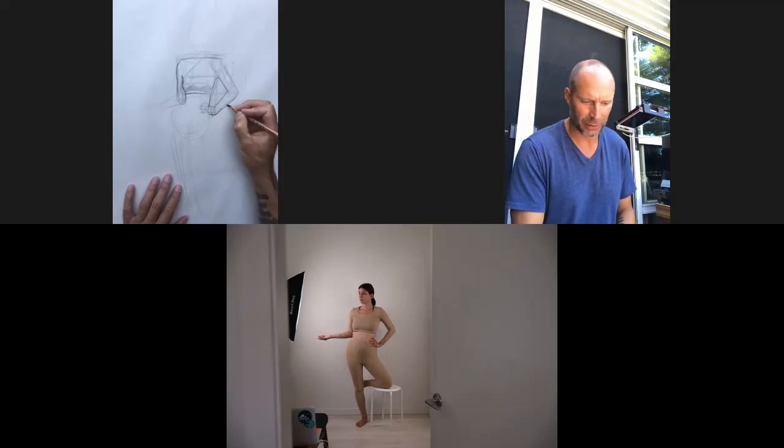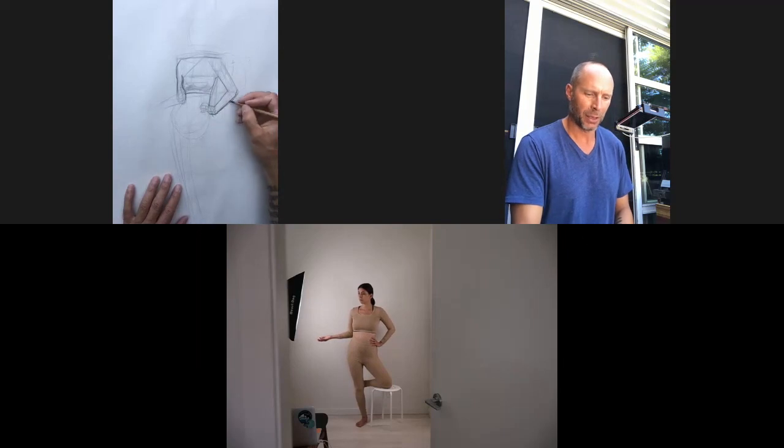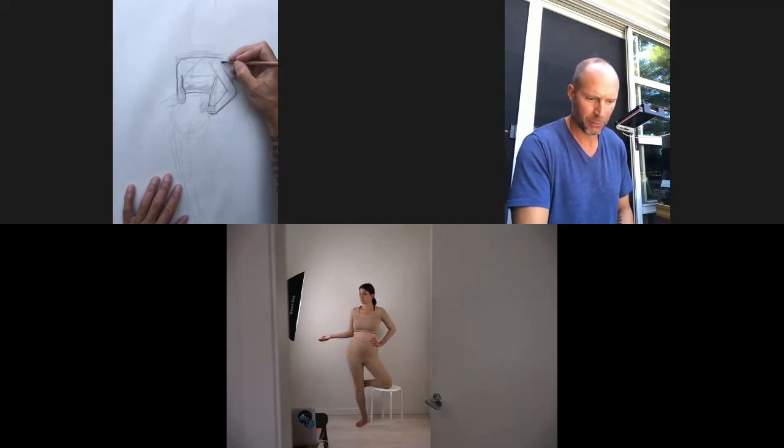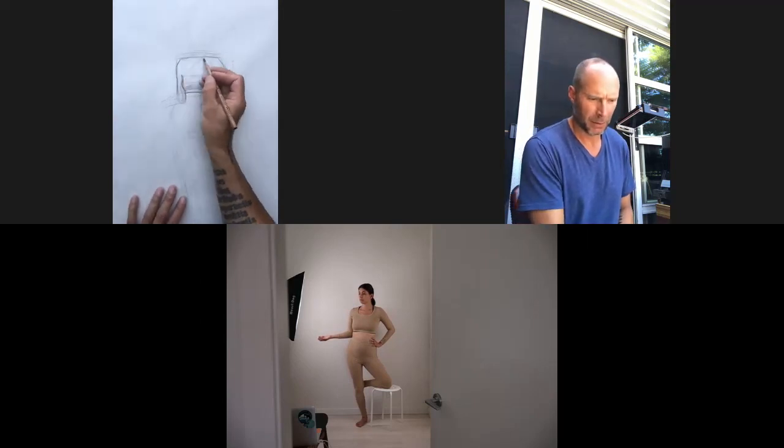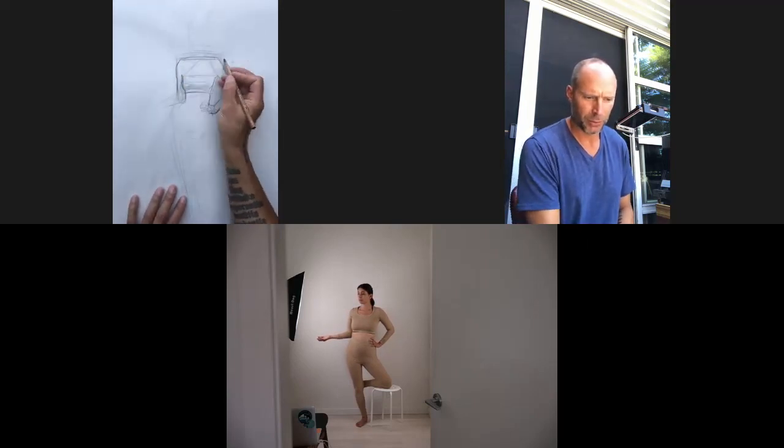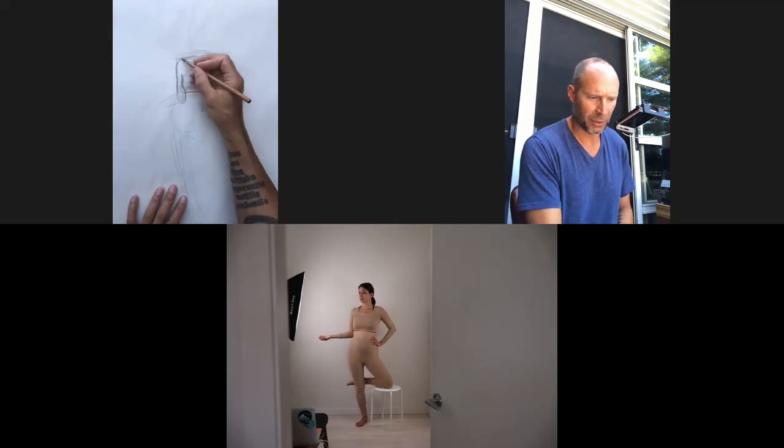So for instance, I can look at this pretty clearly and see that that arm is way too thick for the proportions that I've set up. And I think the shoulder is a little too high for the proportions that I've set up.